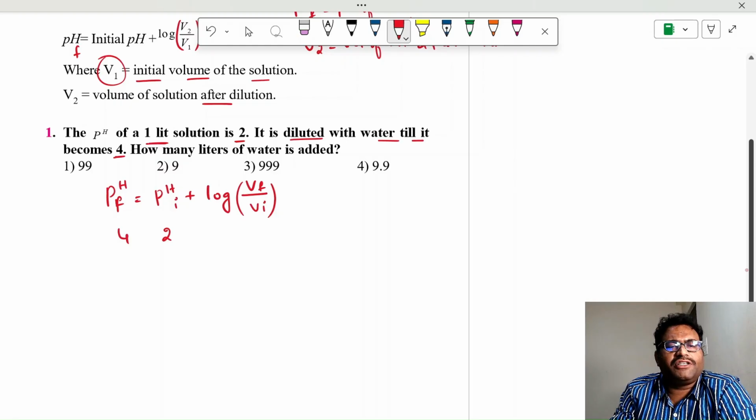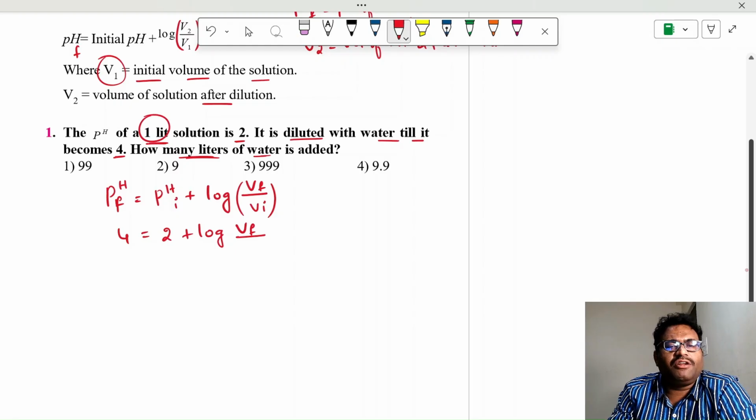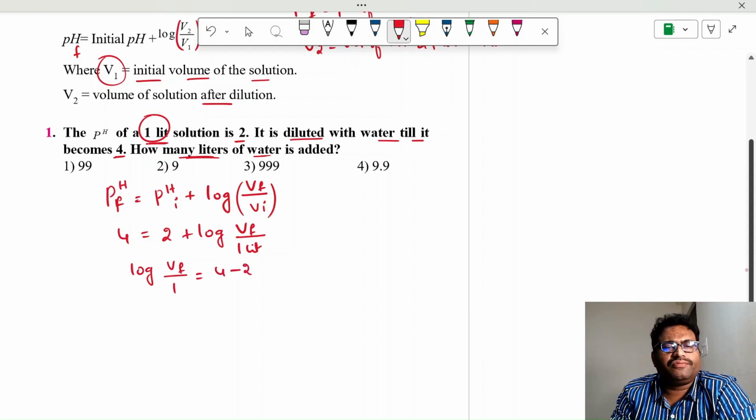So final pH is 4. The initial volume is 1 liter. So I can write log V final by 1 is equal to 4 minus 2. So log V final by 1 is equal to 2.